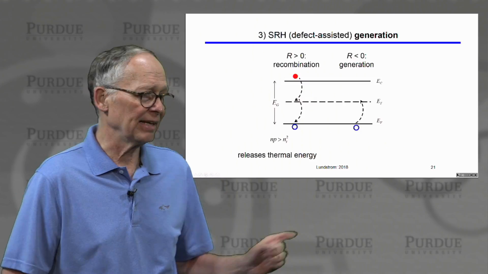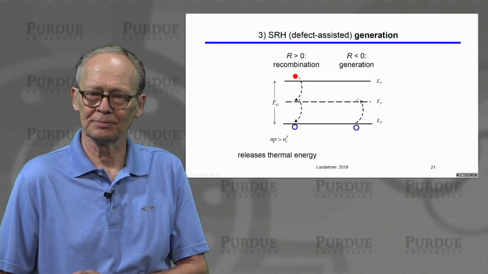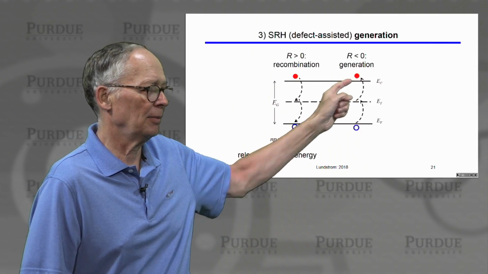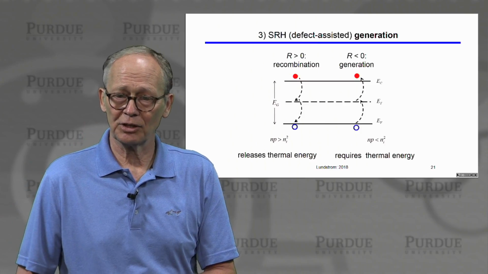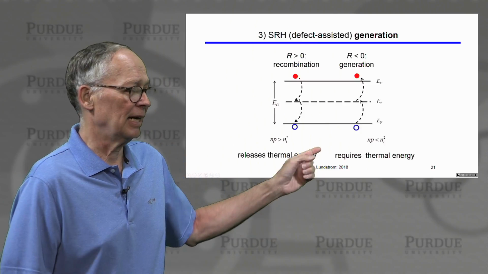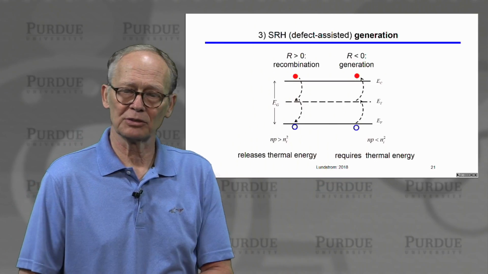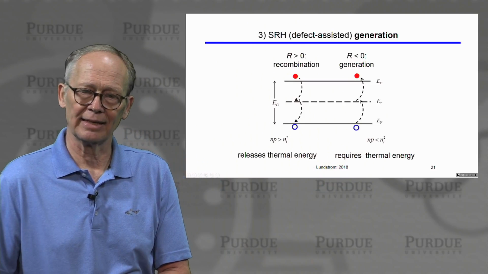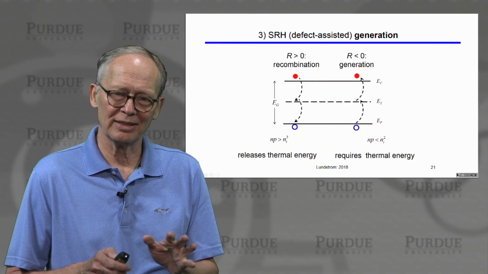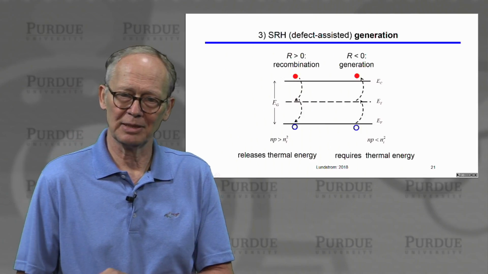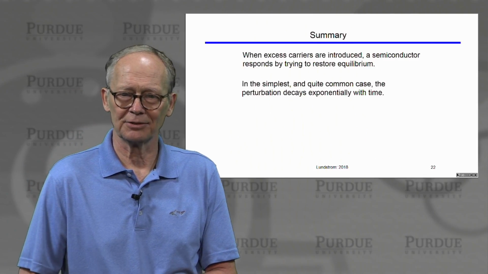An electron in the valence band could hop up to that defect level, leaving behind a hole, and then it could hop from the defect up into the conduction band, creating an electron in the conduction band. This is going to require thermal energy to do this generation process, and it occurs when np is less than ni squared. So the mechanisms that we have been talking about are actually both recombination and generation processes, depending on whether R is greater than 0 or less than 0.